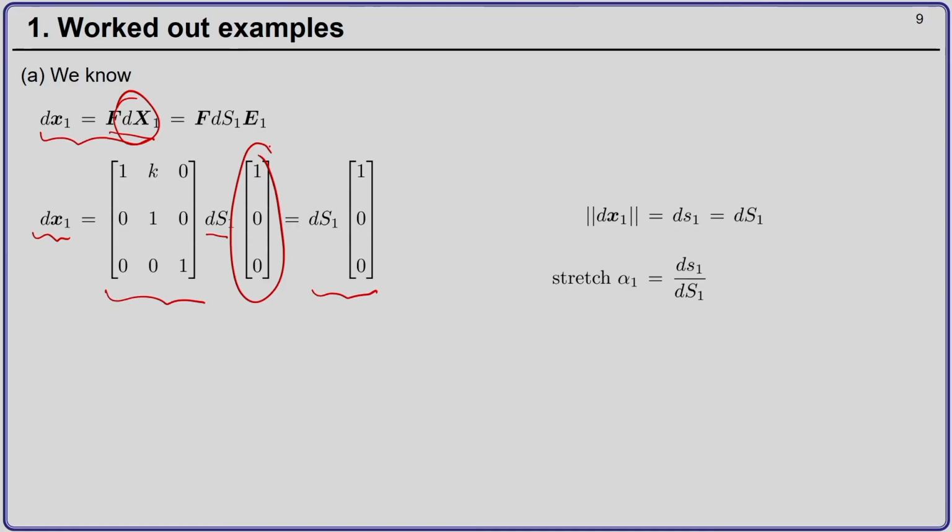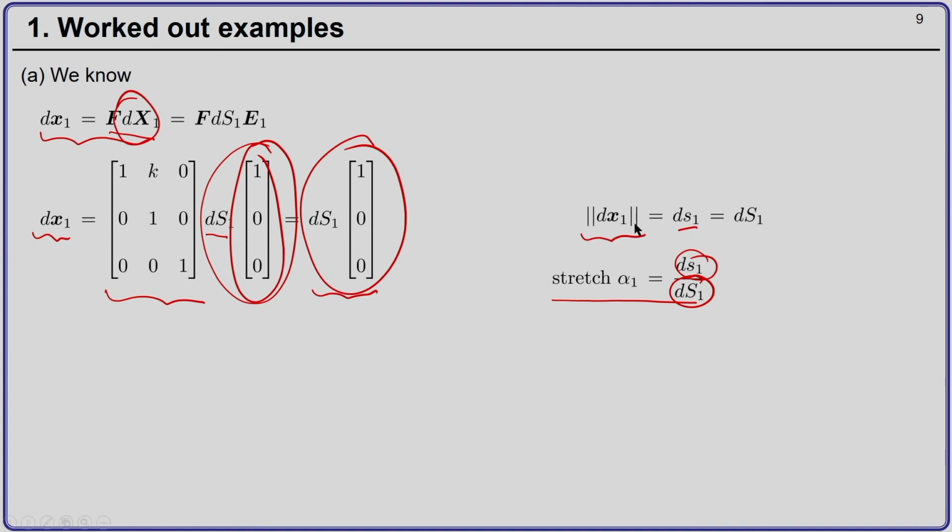You see your initial vector was this and your final vector also comes out to be the same, which means there is no length change in the E1 direction. So, the stretch in the E1 direction will be alpha 1 equal to ds1 by dS1. ds1 will be nothing but the norm of the spatial element dx1. You can compute the norm, and the stretch will be equal to 1, which means there is no change in the length.